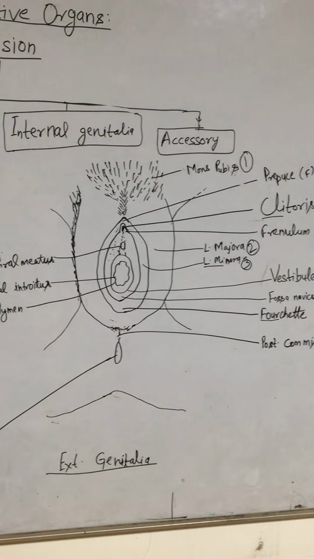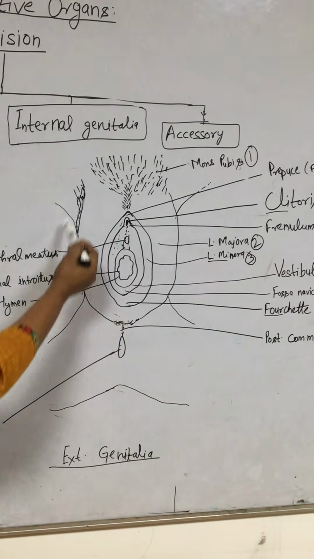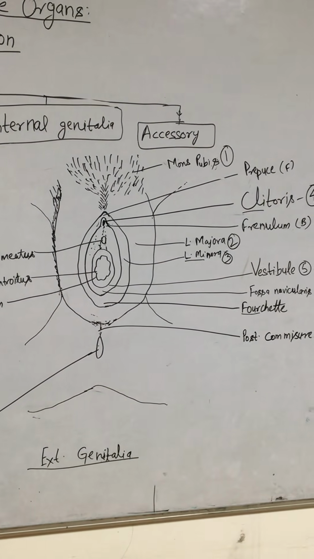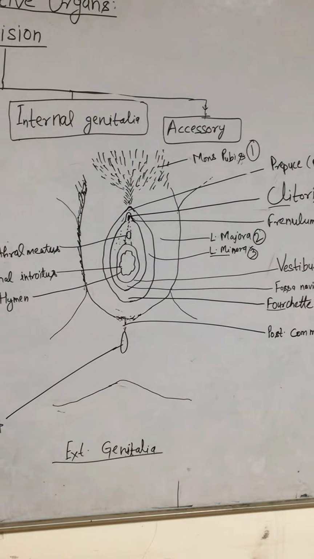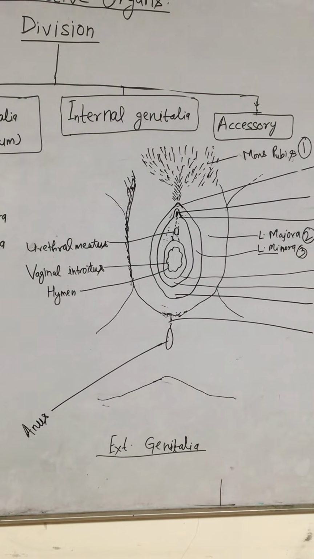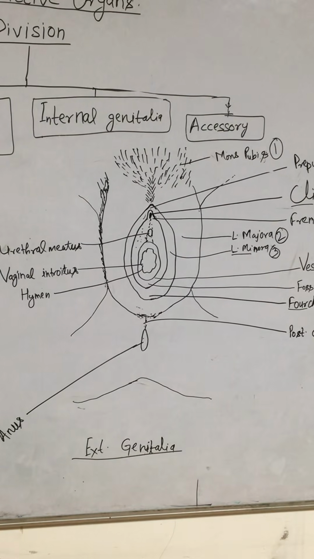On the outer surface of the labia majora, hairs are present, but on the inner surface of the labia majora, hair is absent. The inner surface contains squamous epithelium, sebaceous glands, sweat glands and hair follicles.